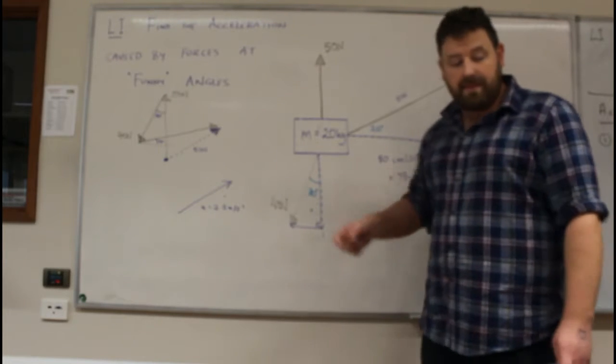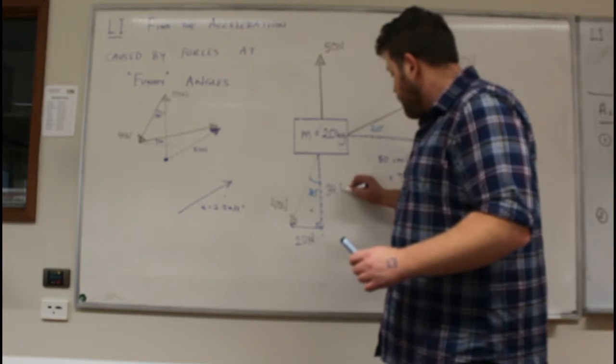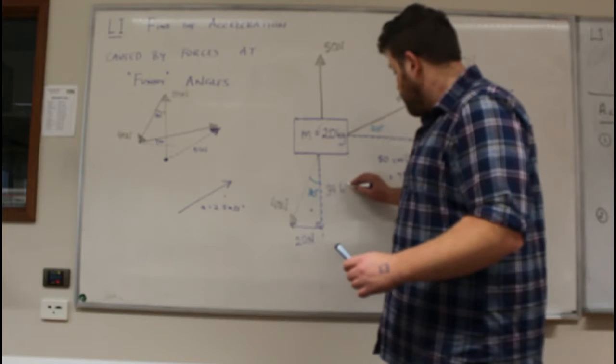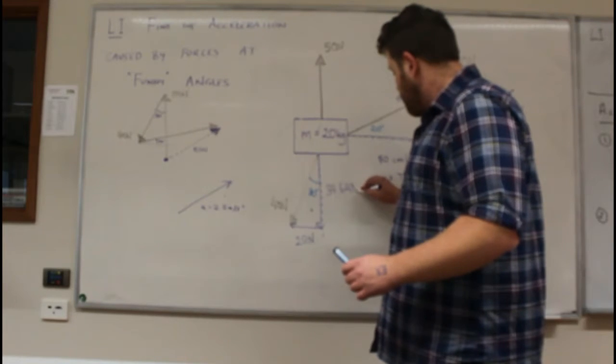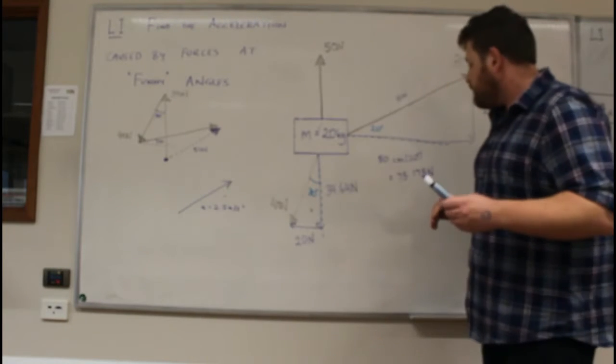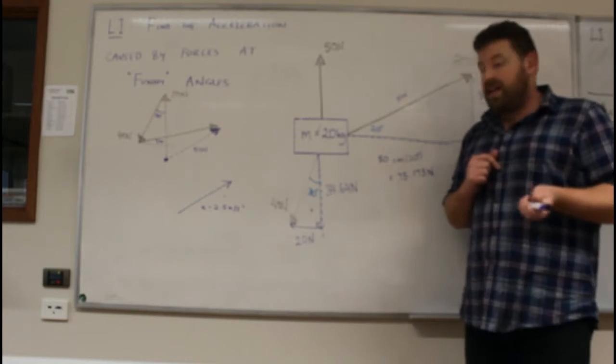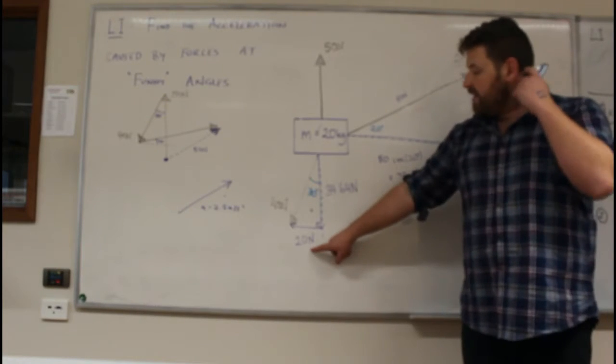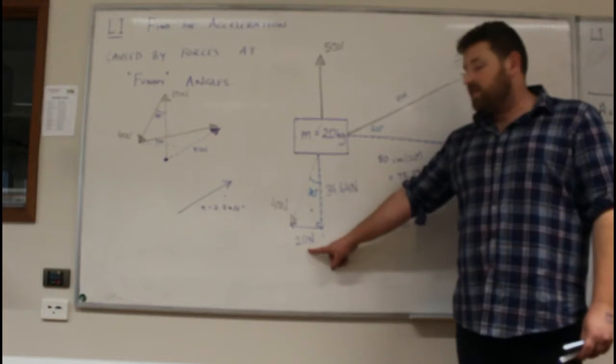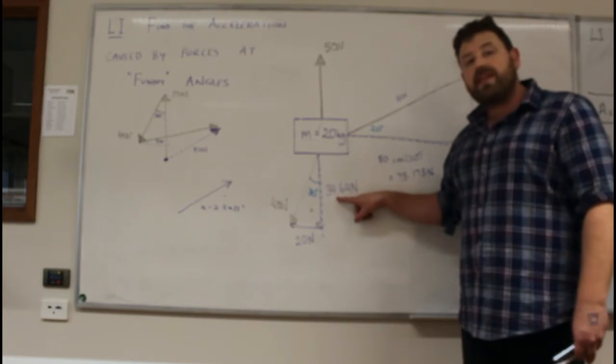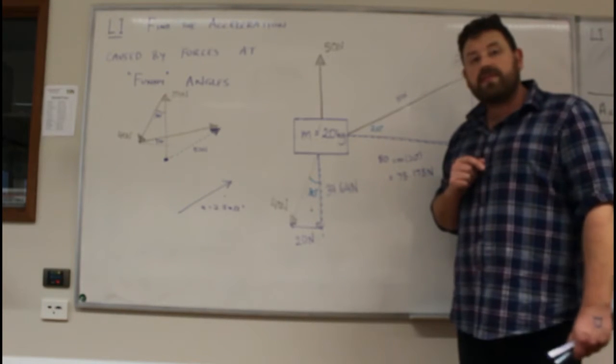Let's do that quickly. We find that the leftward component is 20 newtons, and the downward component is 34.64 newtons.